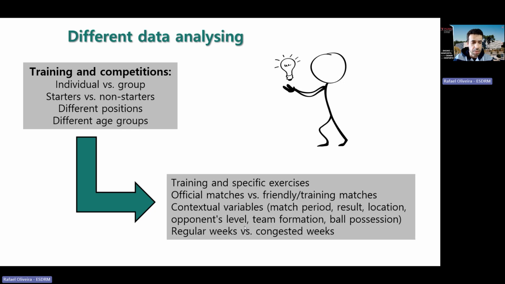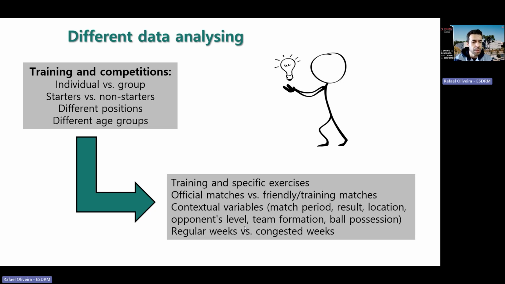We can use, for instance, a small sided game with specific characteristics or constraints, and all of that is going to influence the load that we are imposing on the player. If we are analyzing matches, we should consider official matches versus friendly and training matches, because all of that can influence the load that we are applying.